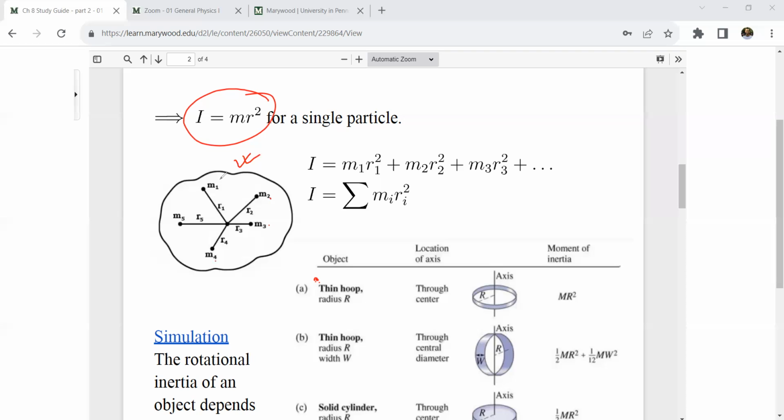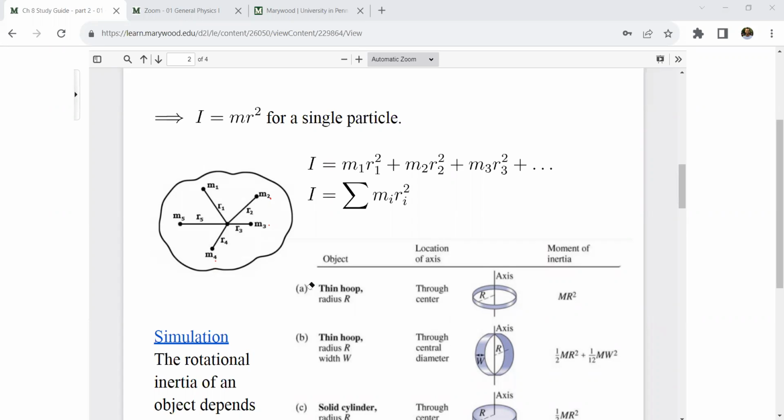For M1, the moment of inertia is M1 R1 square. For M2 it is this, and so on. So the moment of inertia for the whole system will be the sum of the moments of inertia of all the particles. And it's a scalar quantity, and the standard international unit is kilogram meter square.